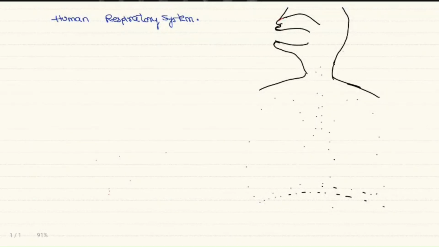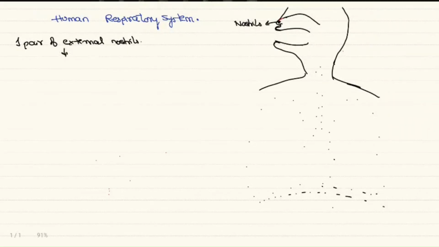So let's start with the human respiratory system, and the system starts with one pair of external nostrils. These are present above the upper lip region. So as you can see in the diagram, these are the pair of external nostrils.